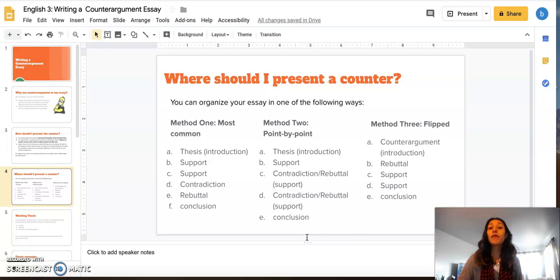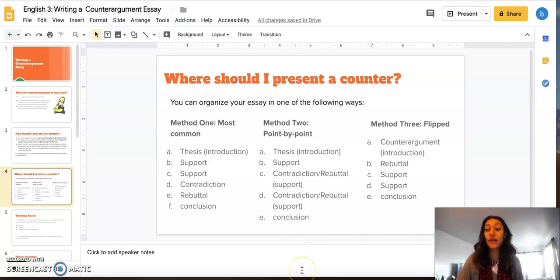You would provide some background research, support it, but then you would refute it and explain why this opposing viewpoint doesn't hold any merit in the discussion you're presenting. You would do this point by point. So in every body paragraph, you would have a counterargument, rebuttal, and support.